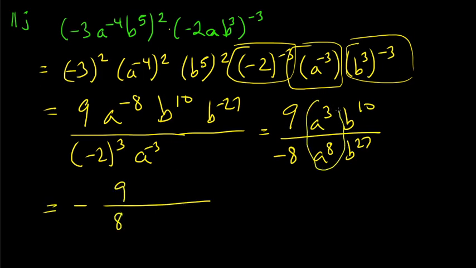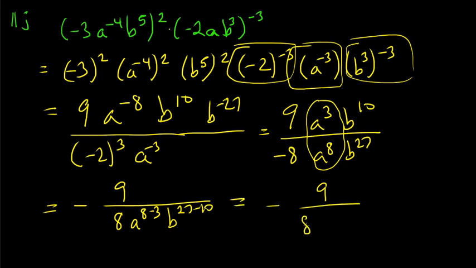So when we subtract the exponents, we get a to the power 3 minus 8, but we know that's going to be negative 5. So on the denominator, we'll make it a to the power 8 minus 3. And then the same thing with b. Instead of doing 10 minus 27, which would be negative 17, we can make it b to the 27 minus 10 in the denominator, and that'll be a positive 17, right?